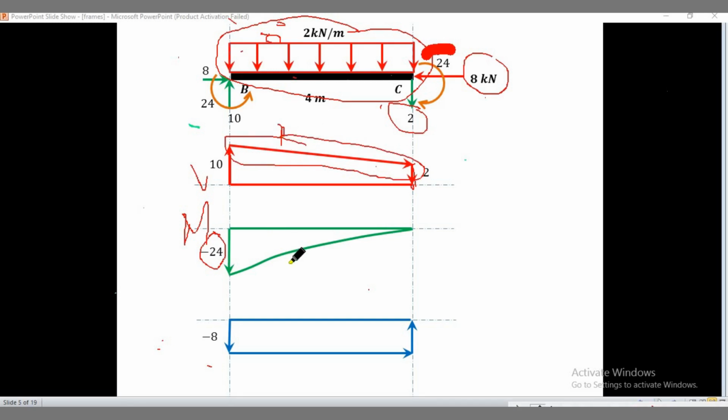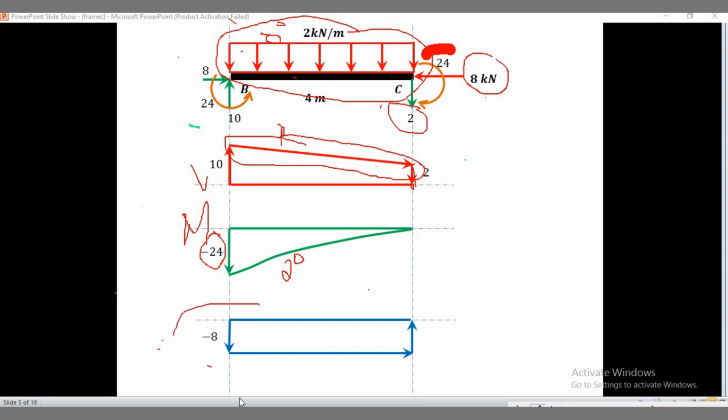So, pagdating kay moment diagram, ito ay magiging 2-degree curve. Paano ko nalaman na yung aking curve ay ganyan ang itsura? Again, you may use the diagram I'm using or whatever is discussed with you during your lower years. So, ganyan yung magiging itsura ng aking moment diagram.